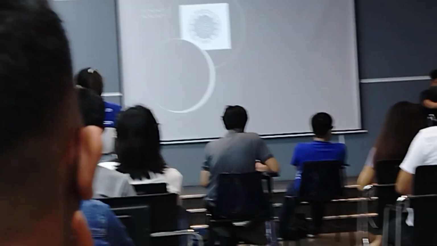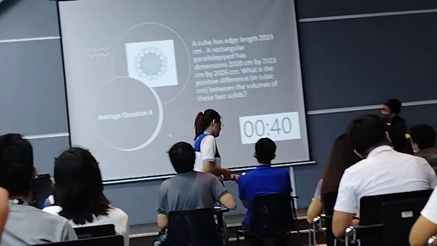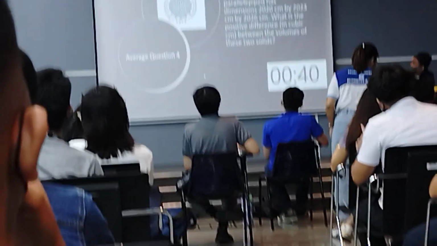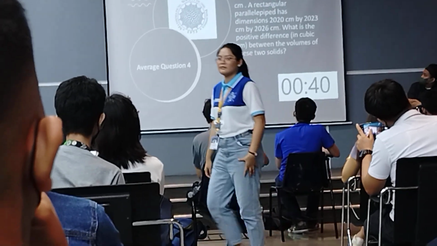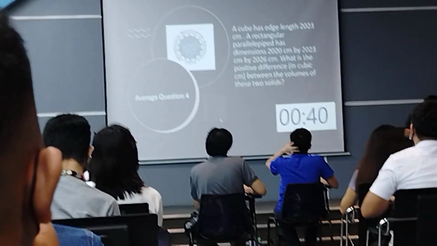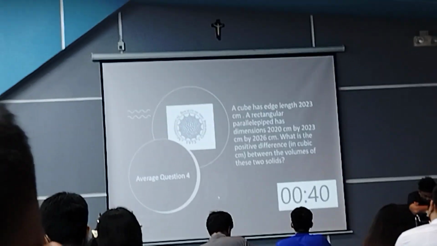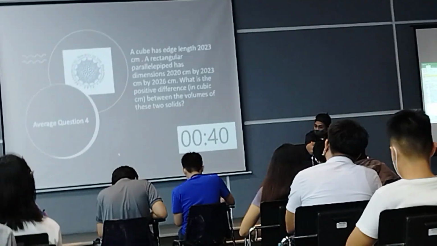Let's go to question number 4. A cube has an edge of length 2023 centimeters. A rectangular parallelepiped has dimensions 2020 centimeters by 2023 centimeters by 2026 centimeters. What is the positive difference in cubic centimeters between the volumes of these two solids?